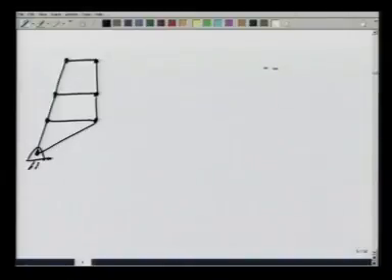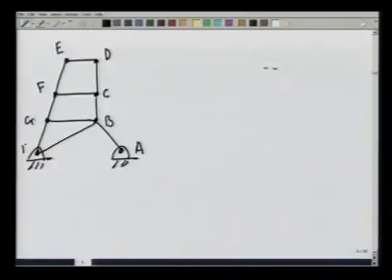Let me make the truss again. A, B, C, D, E, F, G, H, and I have already shown you how these are the other lines.